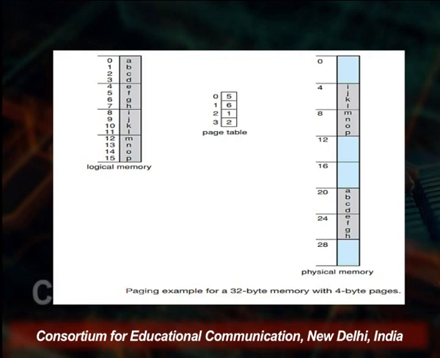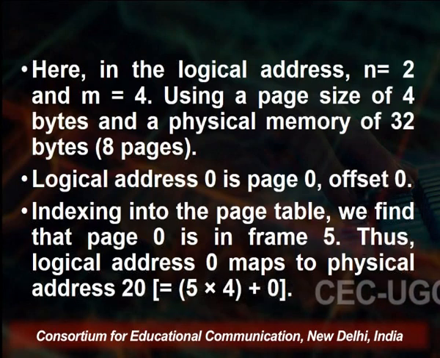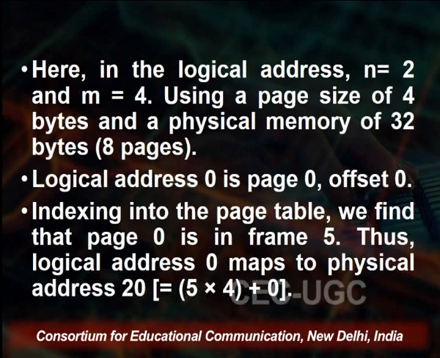Now, here we have seen the logical address having n equals 2 and m equals 4, and we have also seen the example of this m and n in our earlier figure. So, we are going to use a page size of 4 bytes and a physical memory of 32 bytes, which is 8 pages that we have seen.